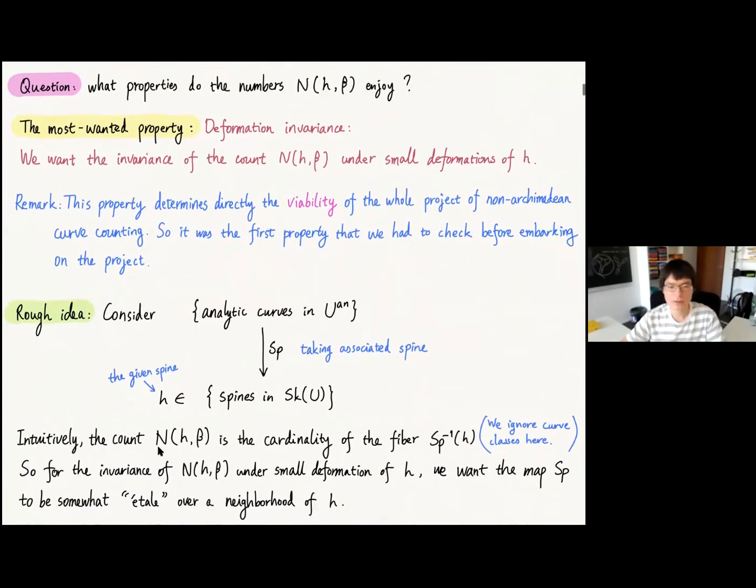Intuitively, the count N_{H,beta} is just the cardinality of the fiber of this map SP over H. Let's ignore curve classes for the moment. So intuitively, the number of analytic curves of spine H is just the cardinality of this fiber. So for the invariance of this count N_{H,beta} under small deformation of H, we want the map SP to be somewhat étale over a neighborhood of H.